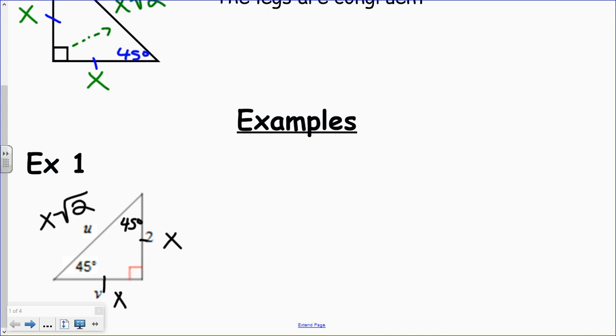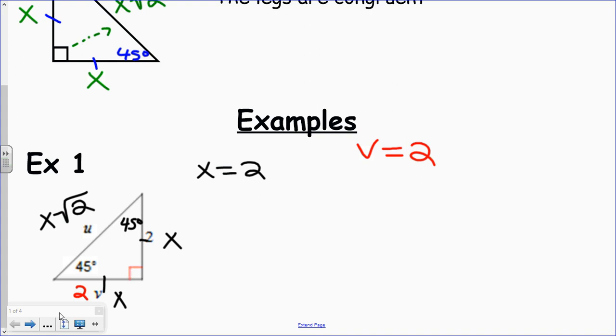So if we already know that x is equal to 2, then we know that this other leg, which was written as v, would also be 2. So in this case, we know that v is equal to 2. And so now if we want to find u, we're going to substitute the fact that x is 2 into the x root 2.